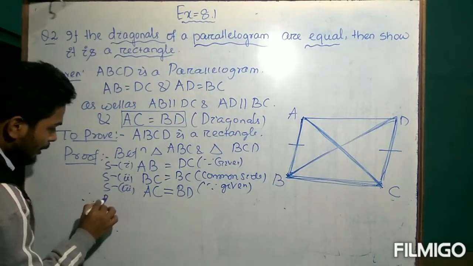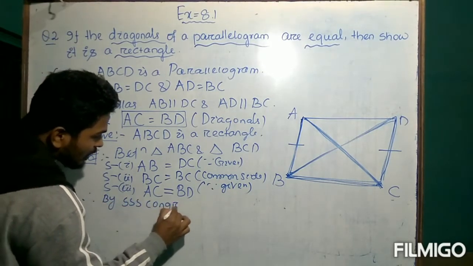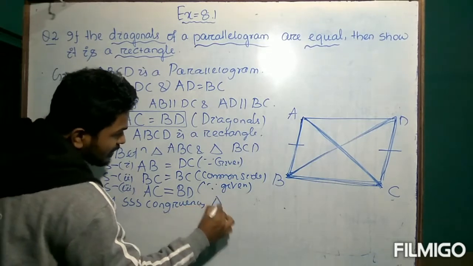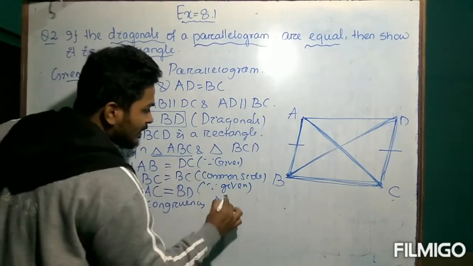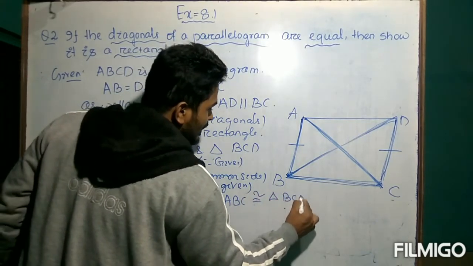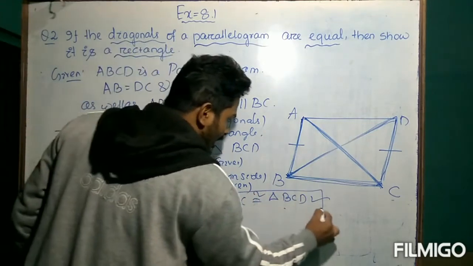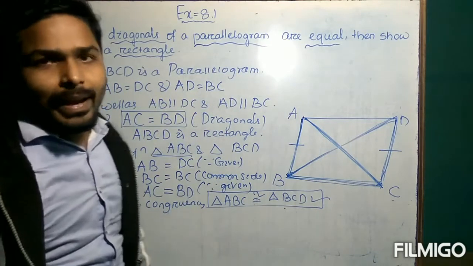So hence, by SSS congruency, triangle ABC is congruent to the triangle BCD. Is it clear? So we have proved that these two triangles are congruent.